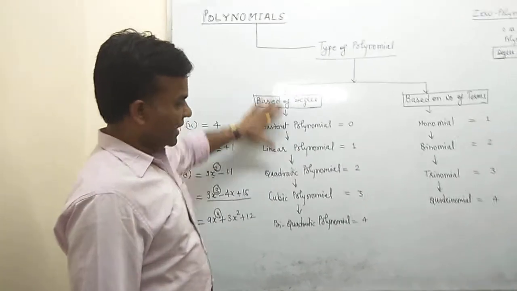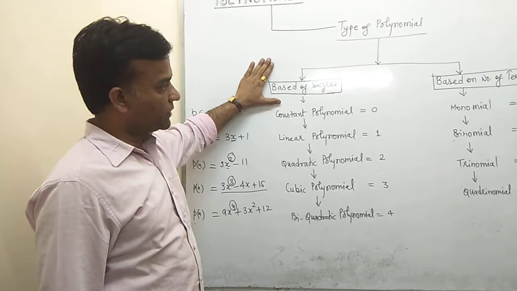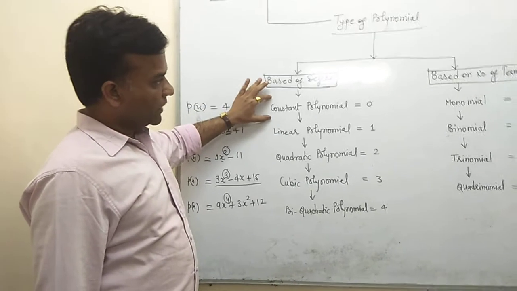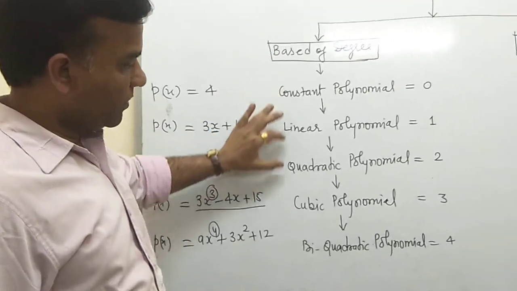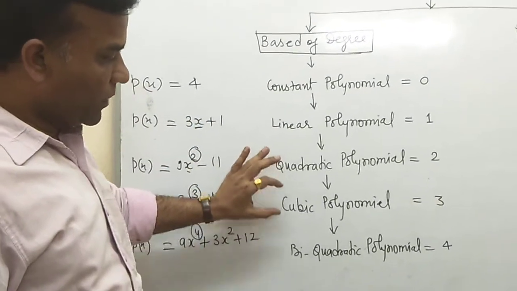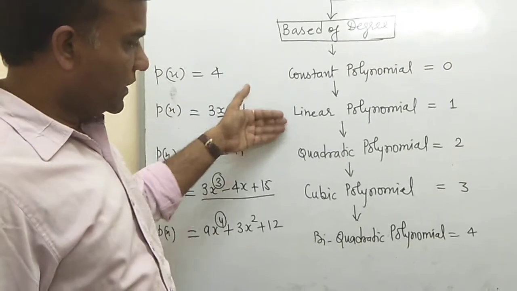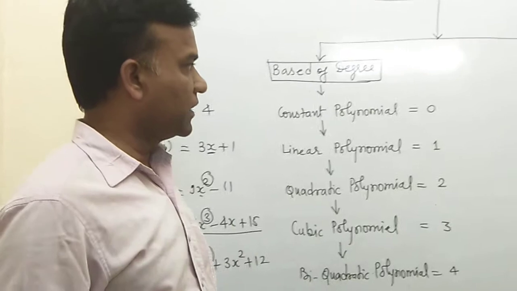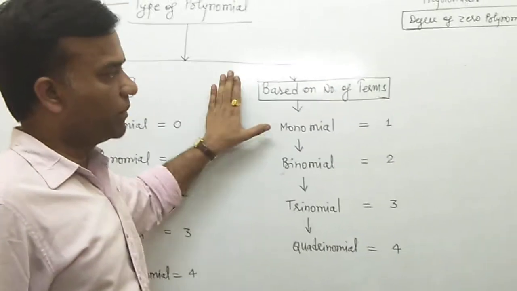Basically, here we described the one part that is based on degree: constant polynomial, linear polynomial, quadratic polynomial, cubic polynomial, and biquadratic polynomial. So there are 5 types based on degree.